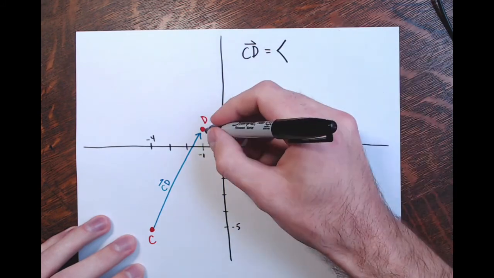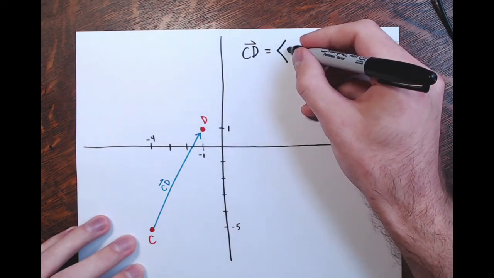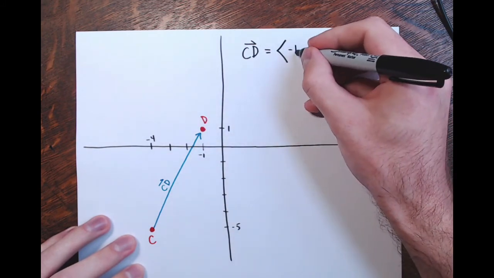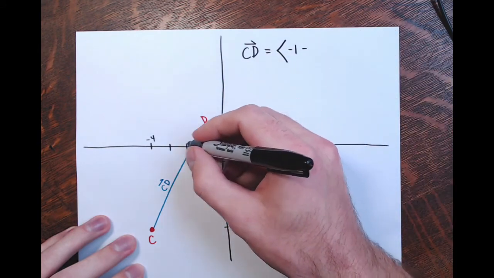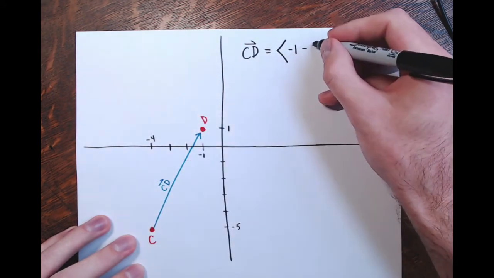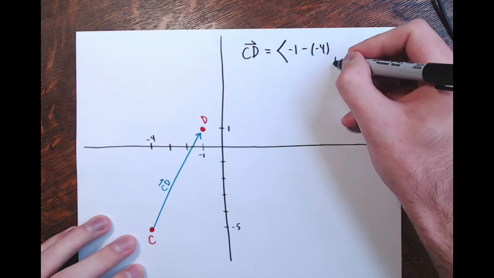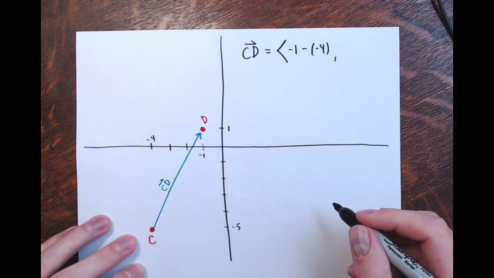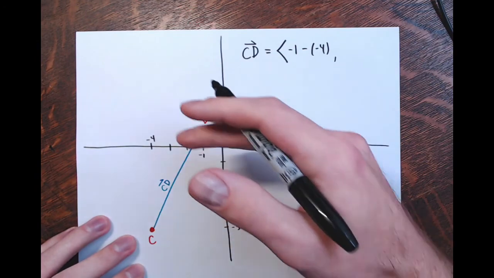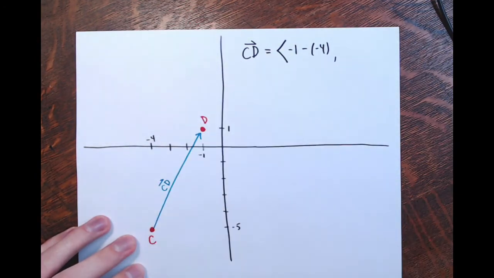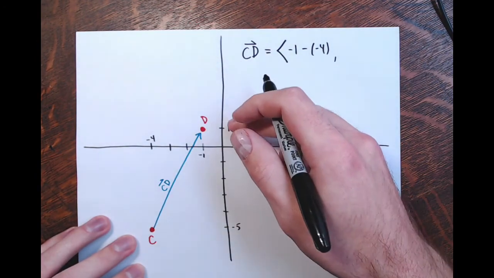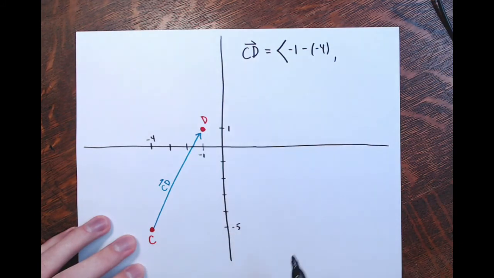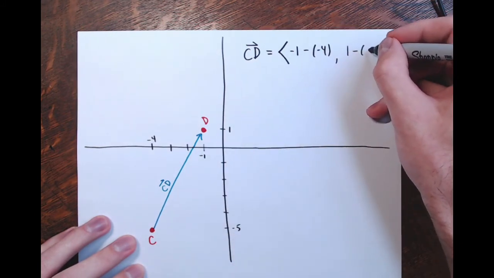So what's the x-coordinate of the terminal point D, which is -1, minus the x-coordinate of the initial point? And then same thing goes for the second component. You just subtract the y-coordinates, but in the same order: the y-coordinate of the terminal point D minus the y-coordinate of the initial point C. So that'd be 1 minus -5.